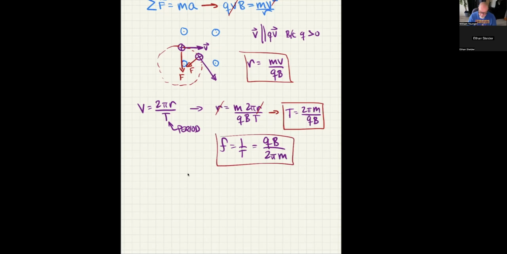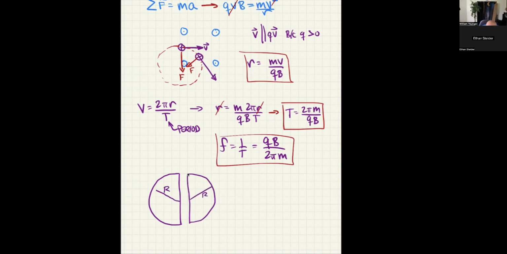And all of this is the stuff that helped us discover a way to create a particle accelerator. What was done was we had a thing called the double Ds, which were semicircular cavities like this. And each of them had a radius, say, R, like that.